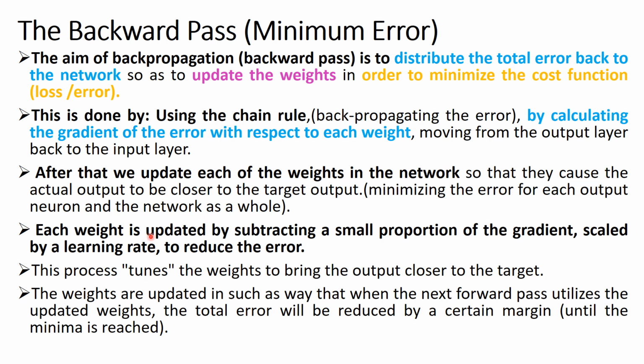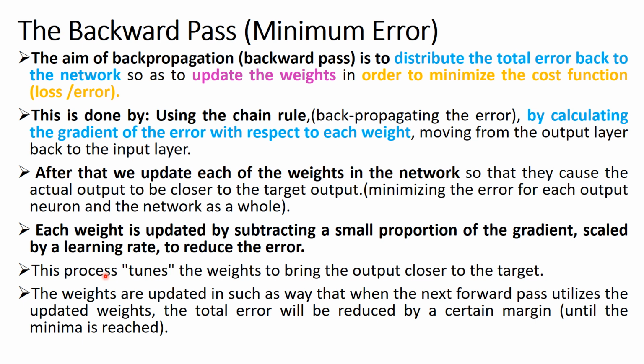Each weight is updated by subtracting a small proportion of the gradient scaled by a learning rate to reduce the error. الوزن بعد التعديل بيكون هو بيساوي الوزن القديم ناقص ال learning rate مضروب في ال gradient.